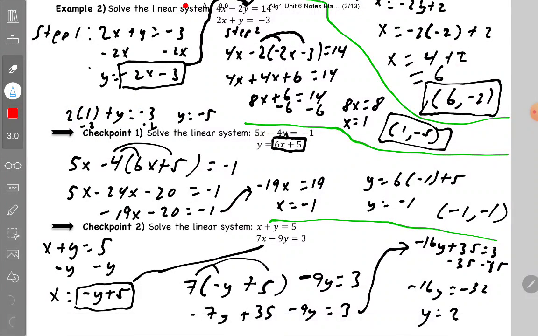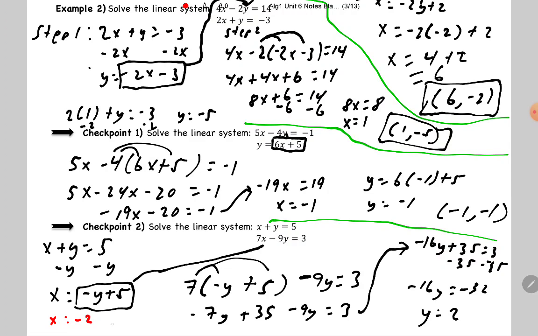So y equals positive 2, sorry. So x equals the opposite of y, so the opposite of 2 is negative 2, plus 5. So x equals 3. So my answer is 3, 2.